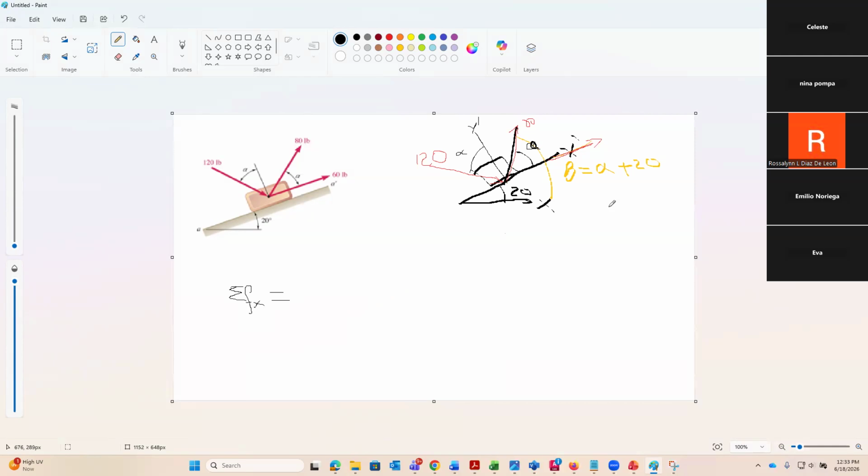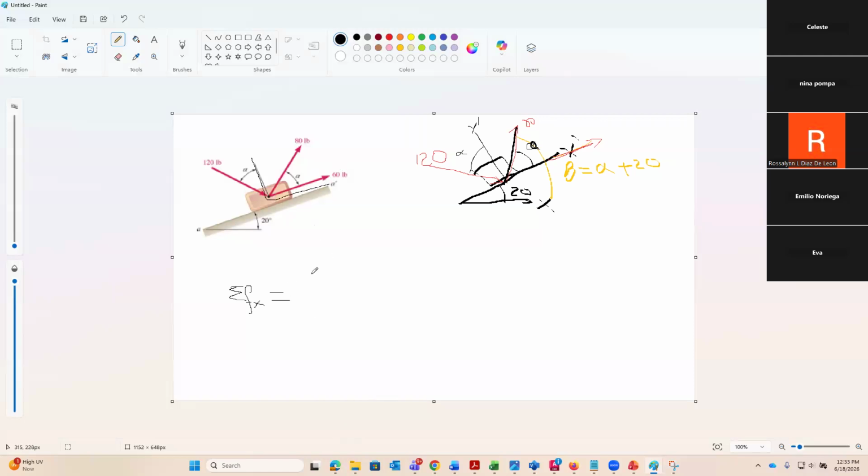What is it? Well, you can do it with respect to x or with respect to x prime, depending on what they're asking you. They're asking for the total force. So it's up to you what system, what reference you use. If we do it with respect to x prime, we're going to use this system of coordinates.